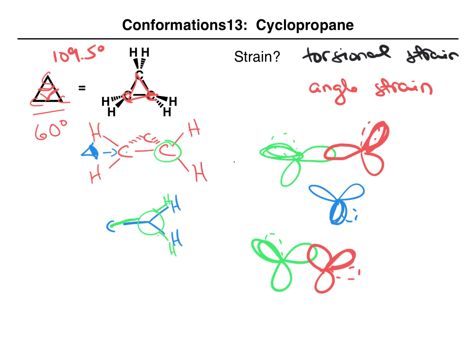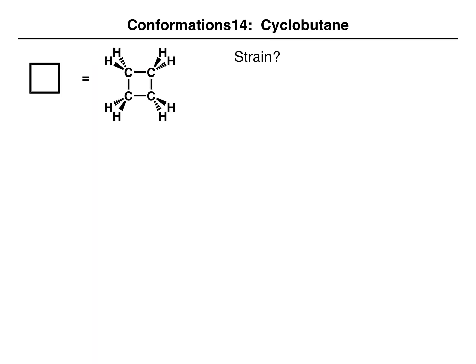And then here, we're going to have kind of a glancing overlap as well. So we can try to think about this as, because of the limitations of the 60-degree bond angles, the tetrahedral arrangement doesn't allow for significant end-to-end overlap, which makes these bonds kind of weak, and it makes the ring highly strained. The next molecule to consider is cyclobutane.